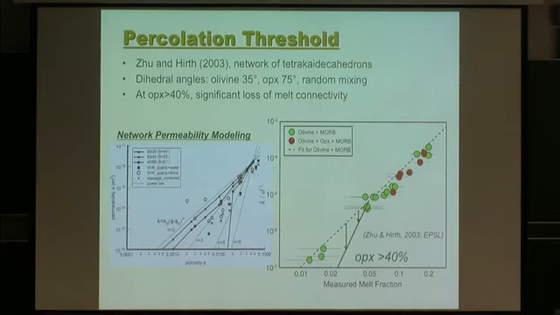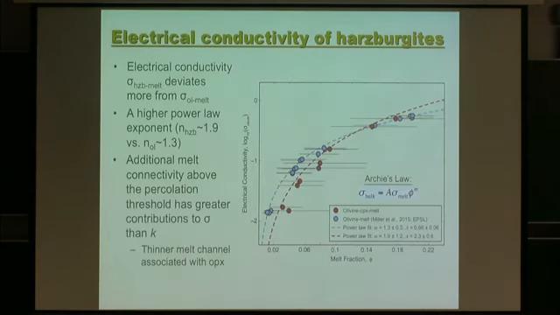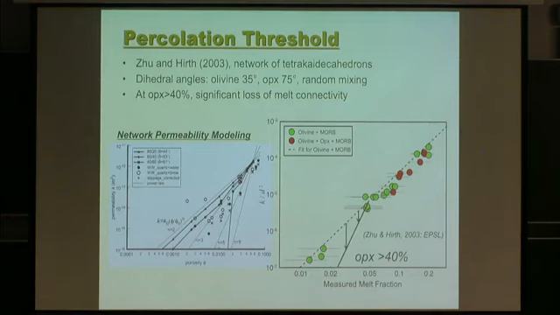So now below 3%, they basically just form little balls and they don't connect to each other, right? But if the OPX is above 40%, you don't see much of a difference. Above 40%, we don't see much difference.